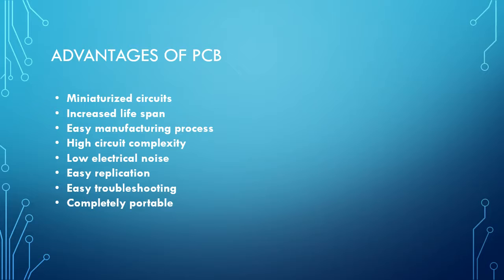Since we can use mass production methods, it's easy to replicate these designs, and we do not need skilled labor to make PCBs. It is easier to find faults because of its organized structure, and it's completely portable since it is robust and can easily handle shocks, since there are no loose wires attached to the leads of your components.